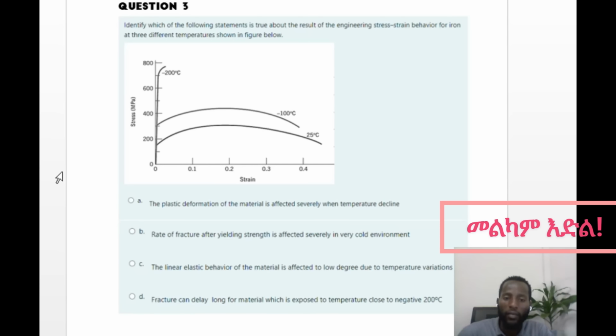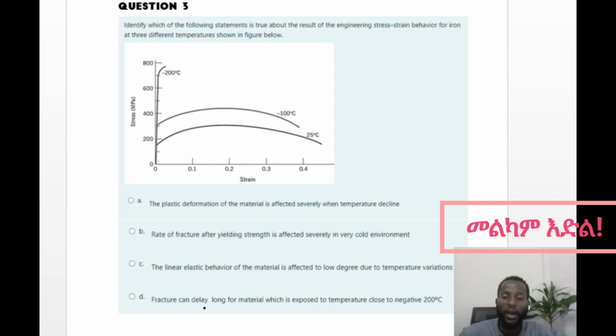A, the plastic deformation of the material is affected severely when temperature declines. That means the plastic deformation of iron is affected severely when temperature declines. B, rate of fracture after yielding stress is affected severely in a very cold environment. C, the linear elastic behavior of the iron is affected to a low degree due to temperature variation.